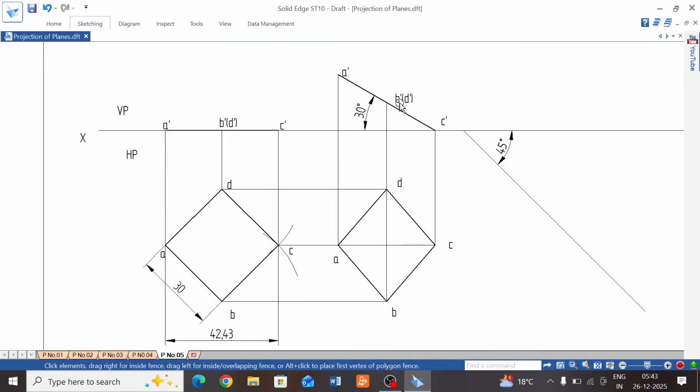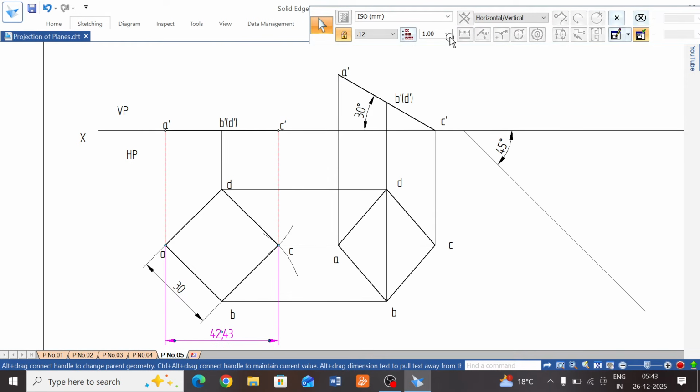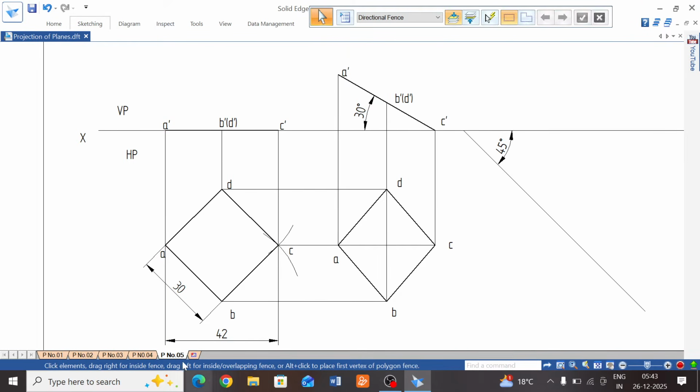Show the dimension of 42 mm without missing. In the beta method it is compulsory to show the dimension of the horizontal distance, 42.